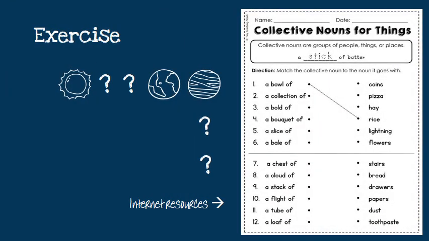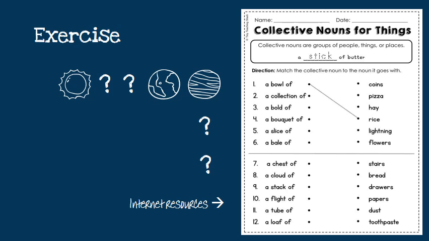Alright, let's move on and try this simple exercise. And please pause this video to answer this one. And grab a pen, a paper, and try to do it on your own. Now, look at number 1. A bowl of rice. A collection of. Choose the noun on the right column.